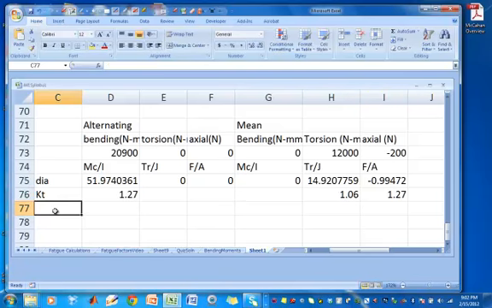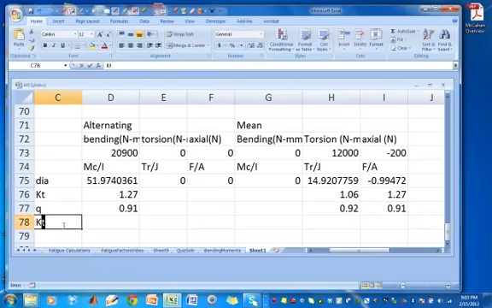Then you have to compute the notch sensitivity. Notch sensitivity for bending is 0.91, for torsion 0.92, axial is the same as bending, 0.91.